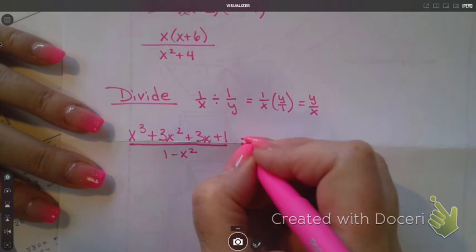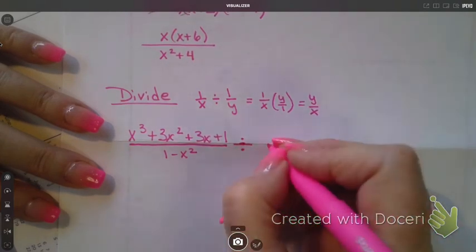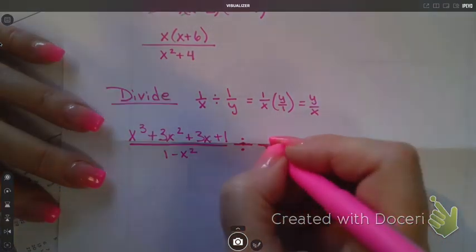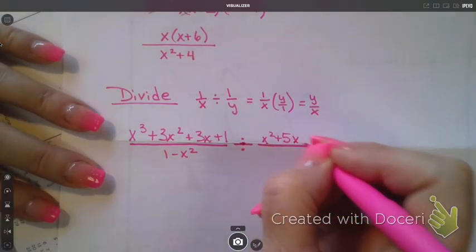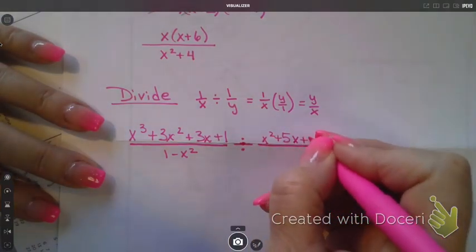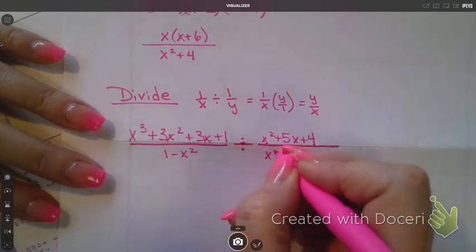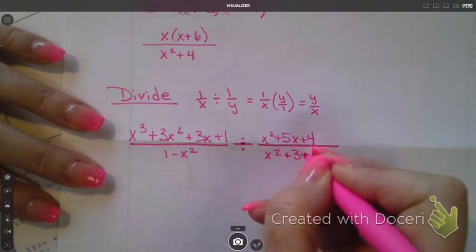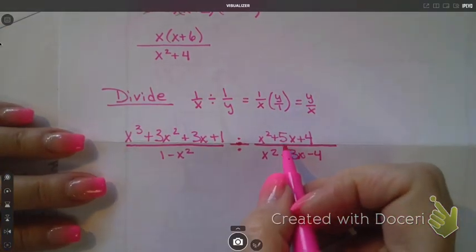Now the whole thing is divided by x squared plus 5x plus 4 over x squared plus 3x minus 4. Now, if the whole polynomial was the same, could I reduce it?